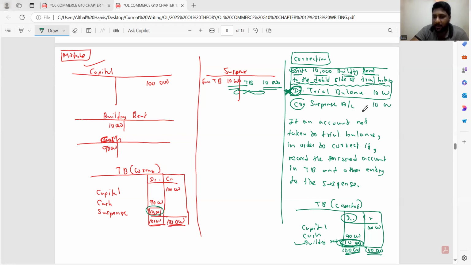If an account is not taken to the trial balance, in order to correct it, record the missed account in the trial balance. So here they are clearly stating building rent is not taken. Then write it.